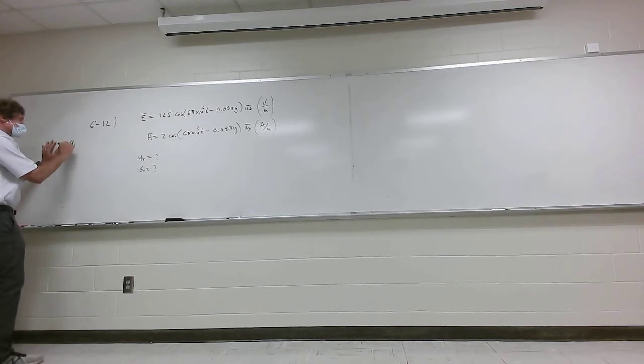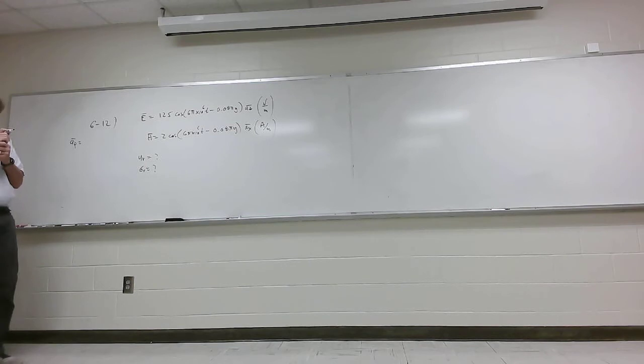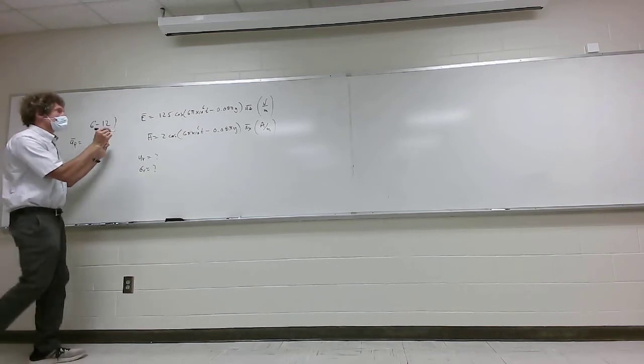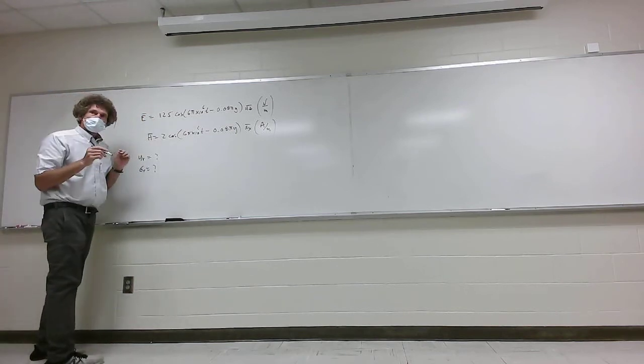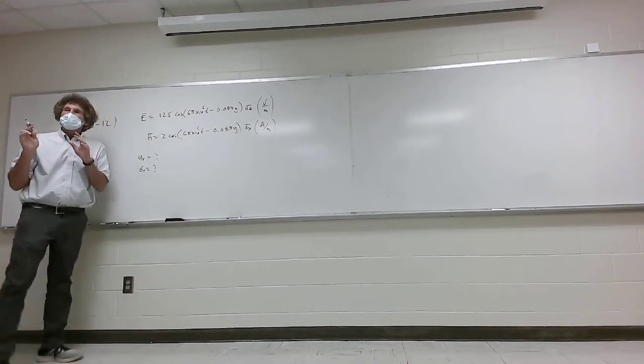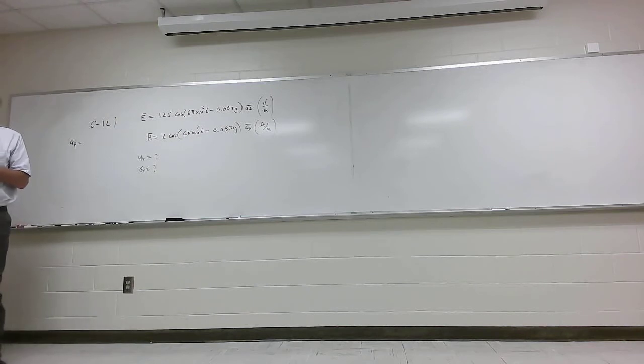What is the direction of propagation, a unit vector in the direction of propagation? Take a look at that and give me a reason for it. Direction of propagation is which way is the wave moving?